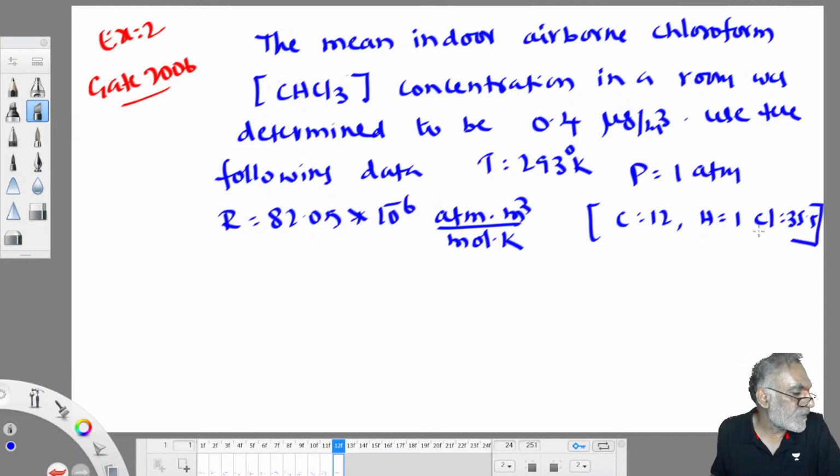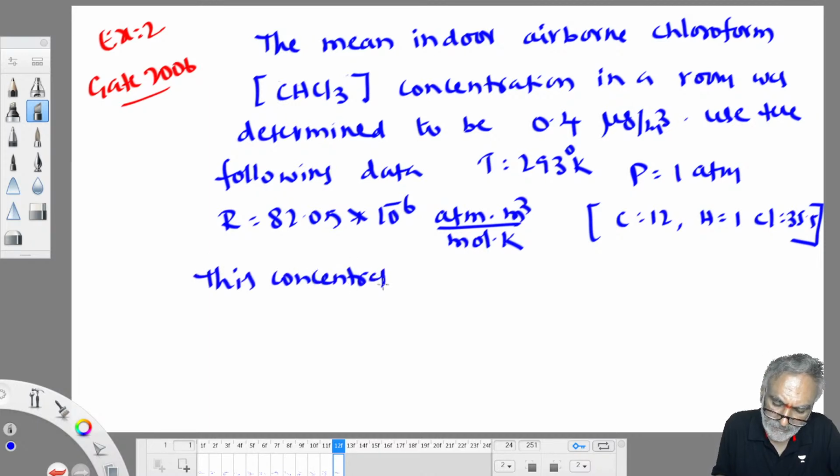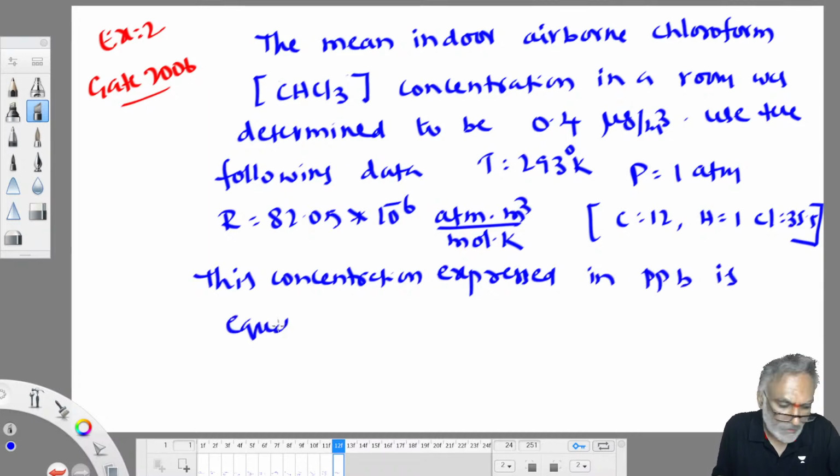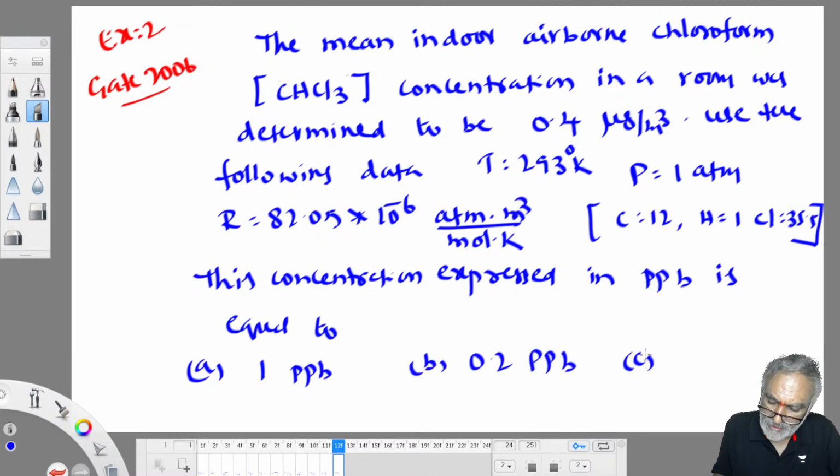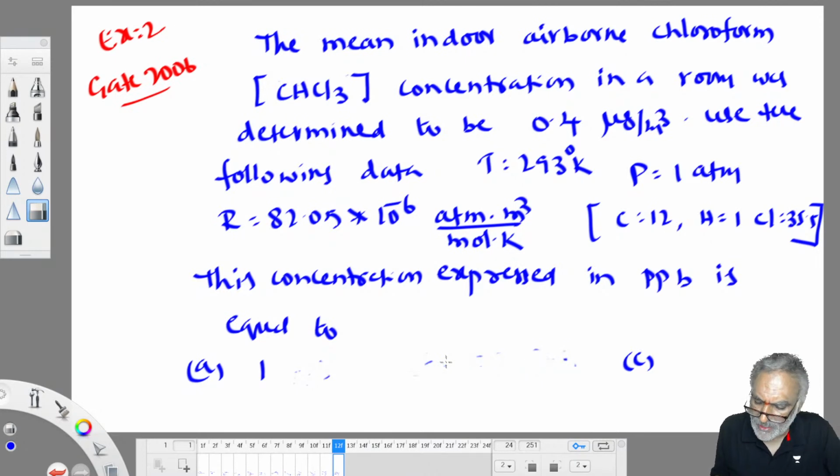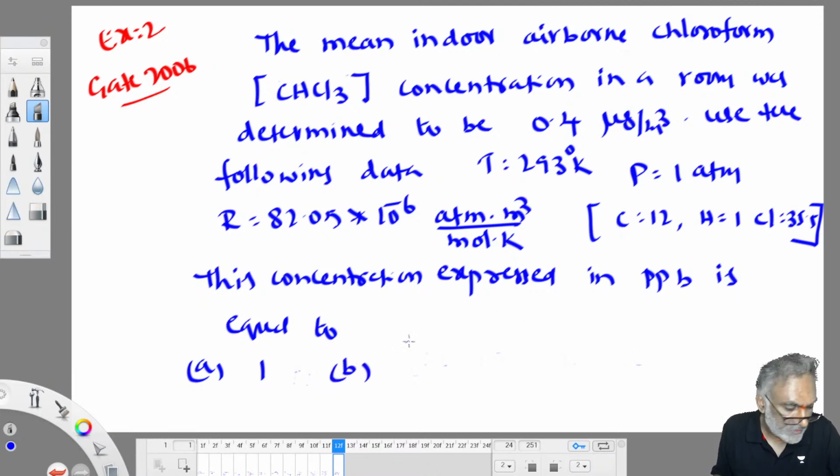This concentration expressed in parts per billion is equal to, so options given: A 1, B 0.2, C 2.2, D 0.08. He has given ppb in the question only.